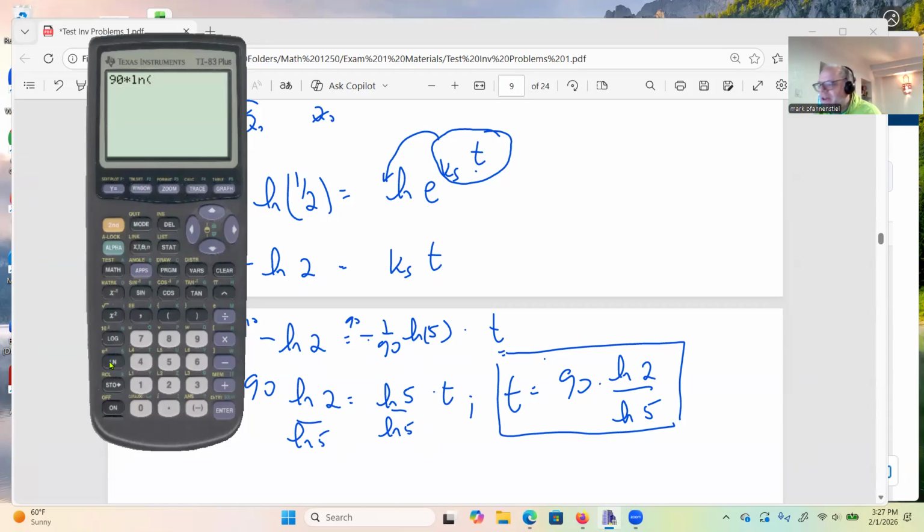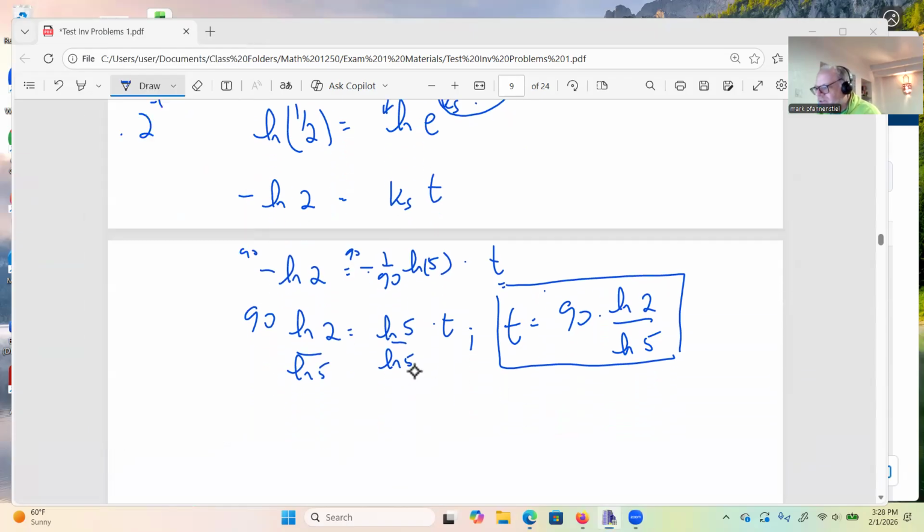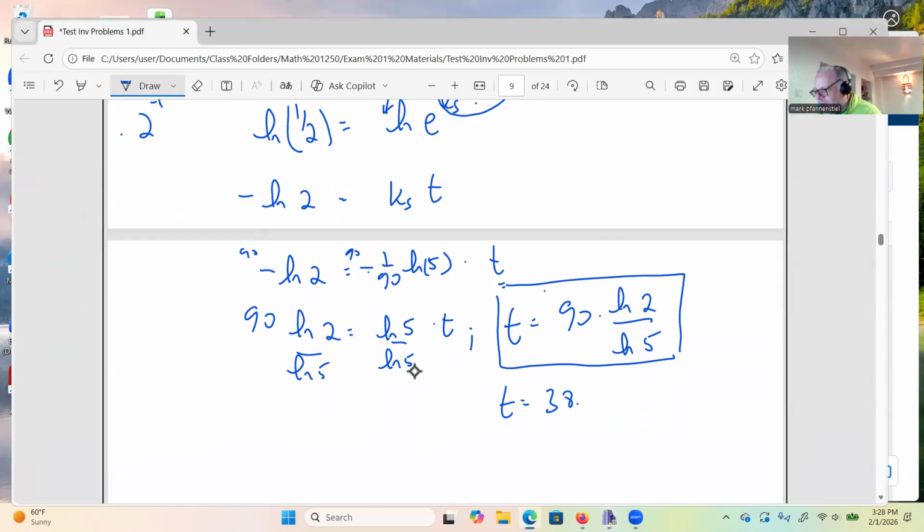There it is. ln of 2 divided by ln of 5. All right, and t is equal to 38.76 days. I think it tells us to round to the nearest day, so this is going to be 39 days.